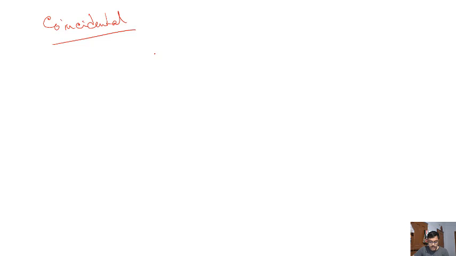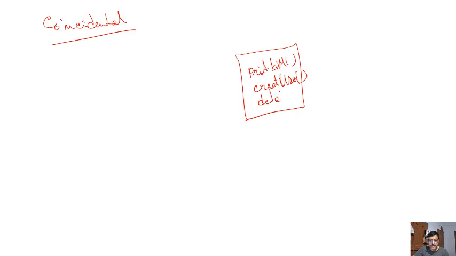That means there is a module and there is a set of tasks: print bill, create user, delete user, show result, etc. So in this case we can say that the module contains a random collection of functions.